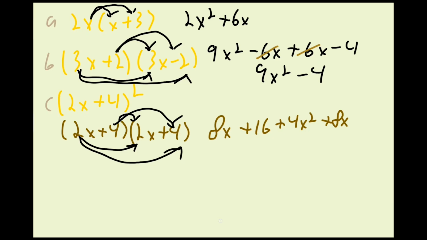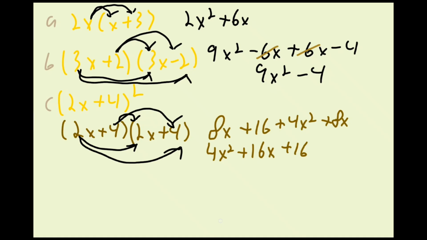Now with this, we're going to see that 8x plus 8x is 16x, and 4x squared is our leading term, so that will go in front. So let's get that ball rolling. There you go. That would be your final answer.